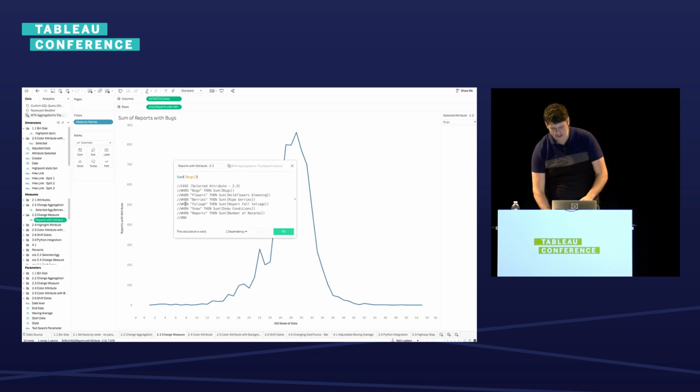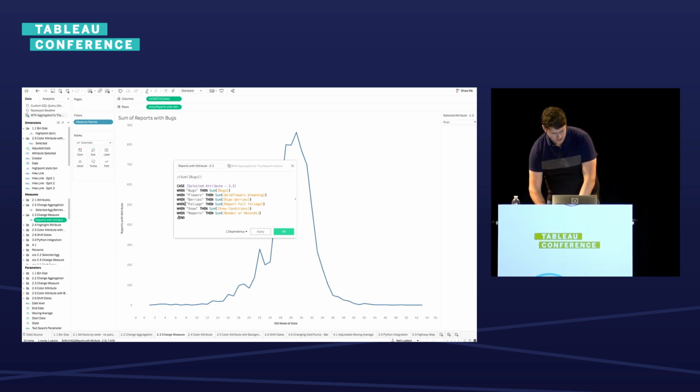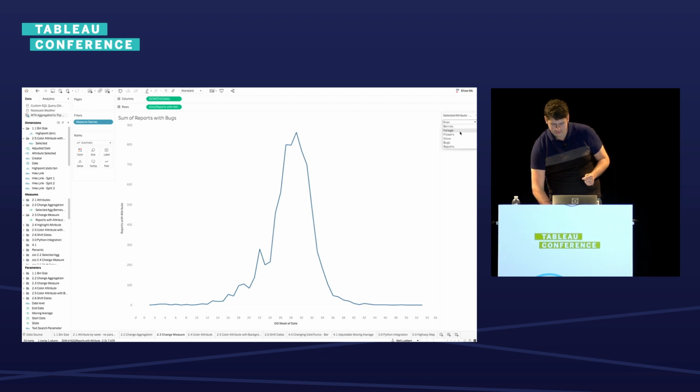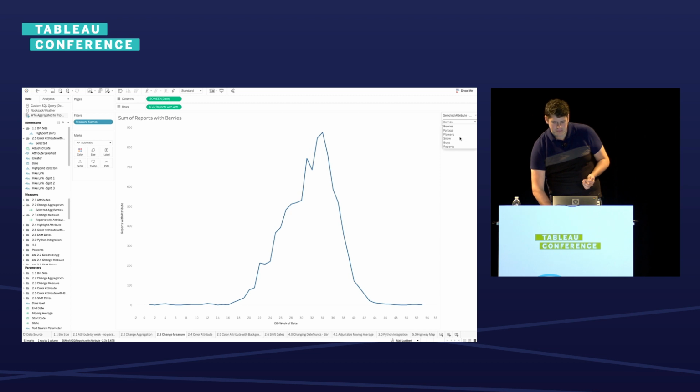And in this case, it's just going to change which measure is selected based on what the value of my parameter is set to. Instead of just always returning how many bugs there are, it's going to return different measures for each value of the parameter. And so we see the viz update.